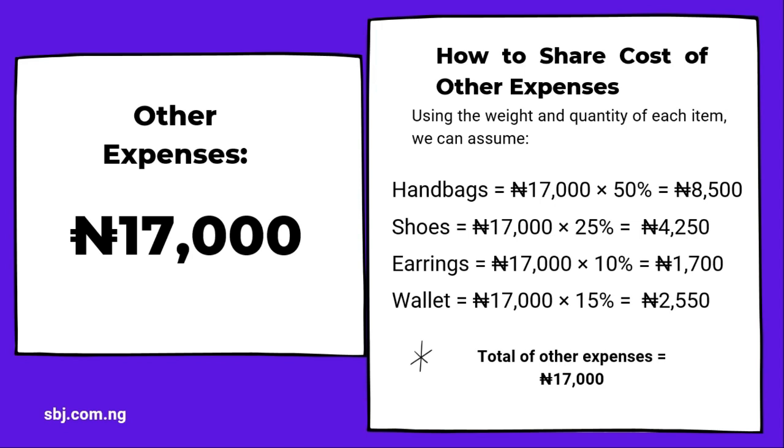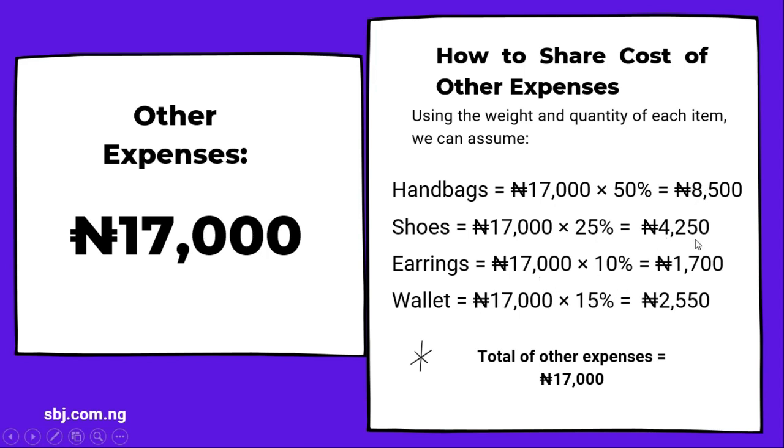In reality, you can say, okay, fine, you want to use 70%, and the other ones you want to use 10% for them, but everything has to be equal to 100%. So sharing the cost of other expenses, to your handbag, you have 17,000 times, of course, 50%. For shoes, still the same, 17,000 times 25%. Same for earrings and same for wallet.